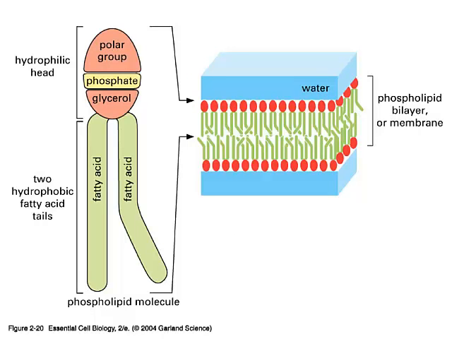In the case of phospholipids, one of the spots is taken up, so you only have 2 fatty acids attached to the glycerol, and then a phosphate group is taking up the spot of what would have been the third fatty acid tail in the case of triacylglycerides.